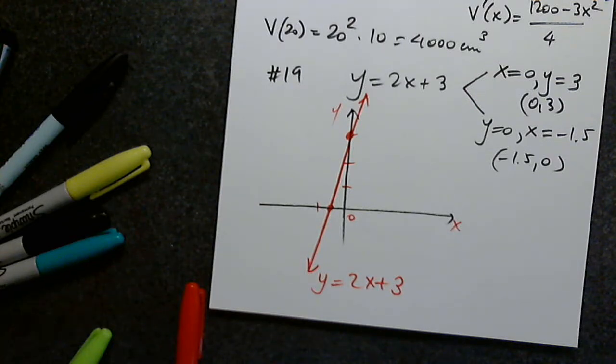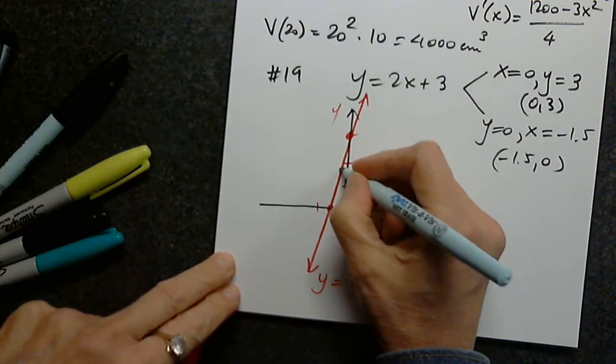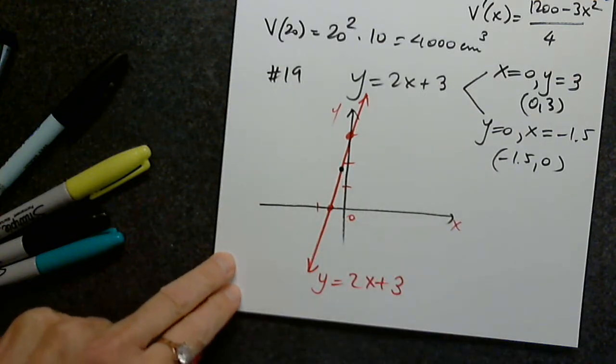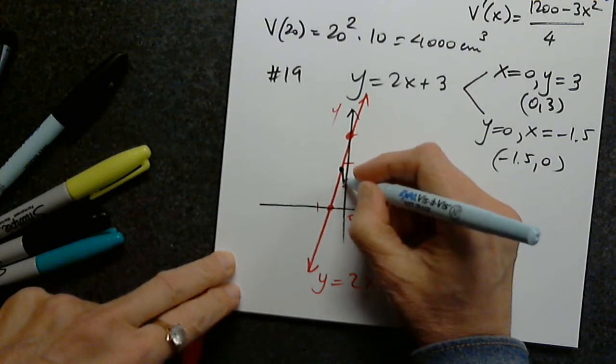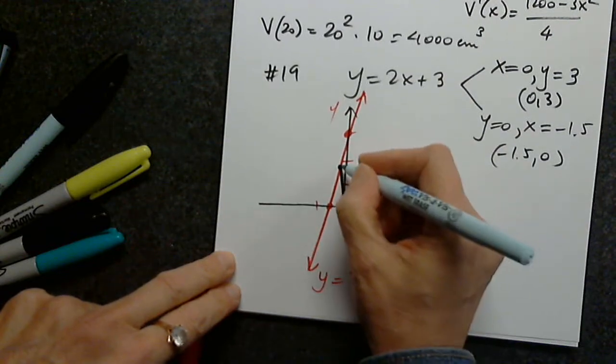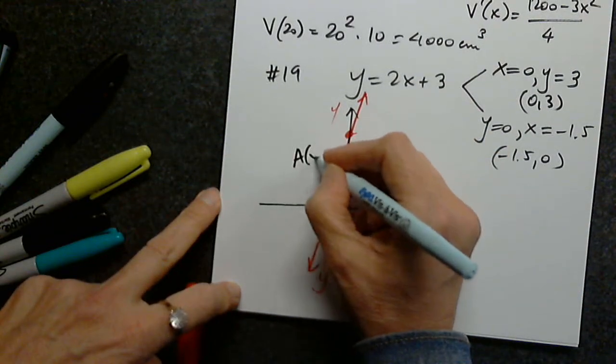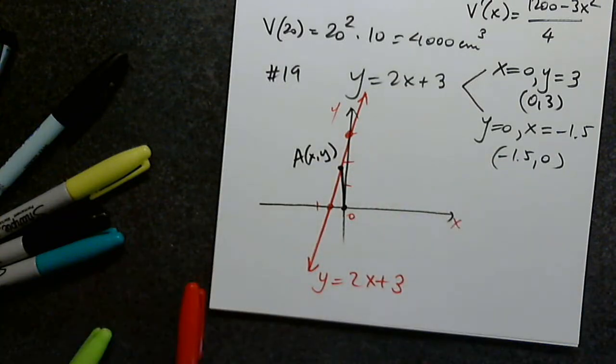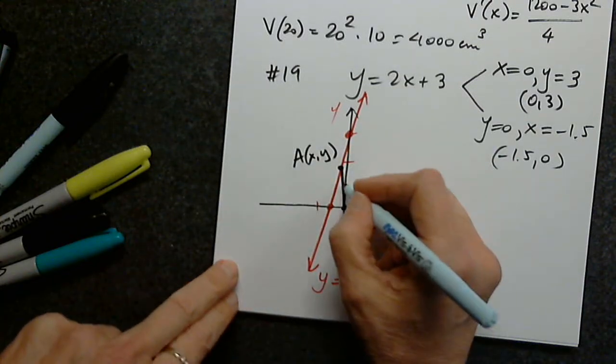I'm going to say that a point somewhere on this line is the closest to the origin. I know you're going to disagree with me, and I will disagree with myself as well. I'm going to say it is this point that is the closest to the origin. Of course it's not, but I don't care where it is. This point has coordinates x comma y. Now I have to find a distance.